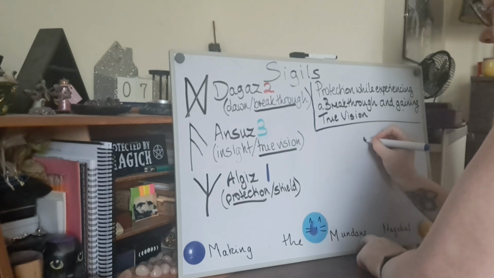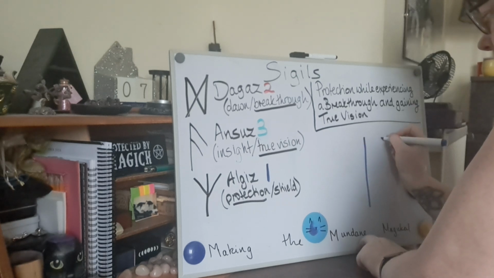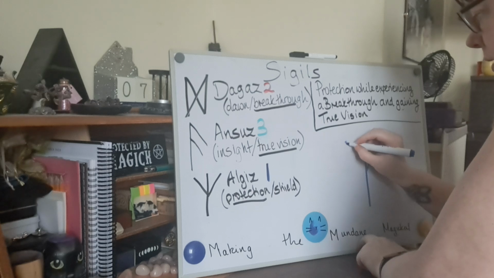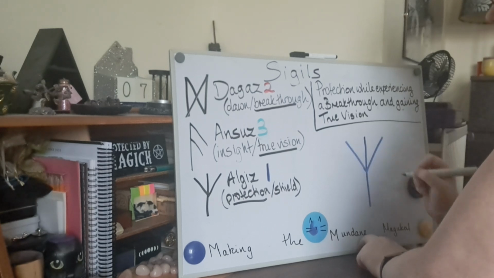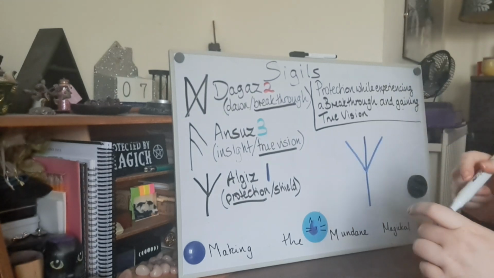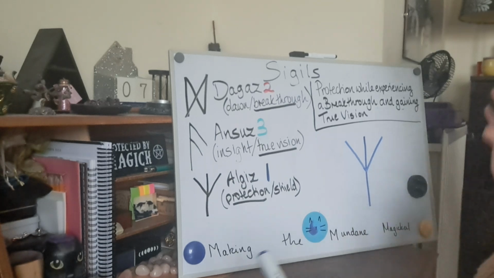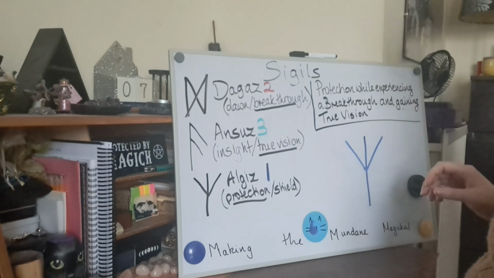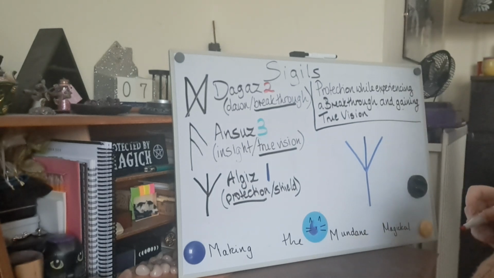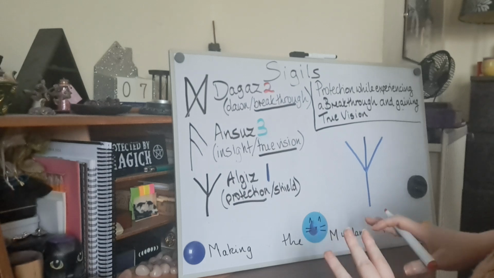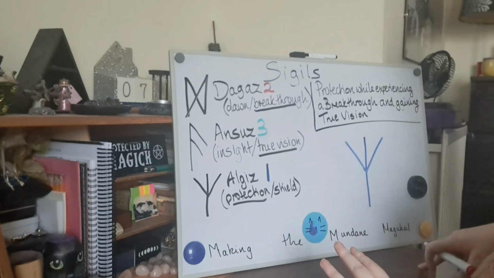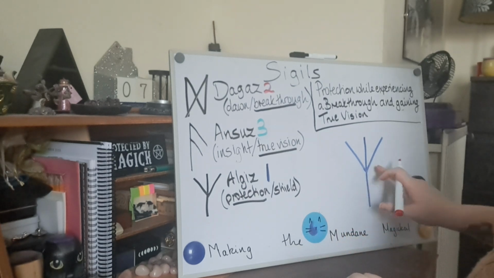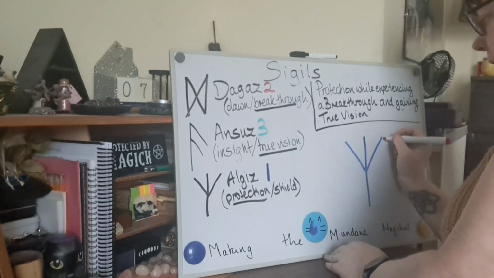So we have... I am rubbish at drawing straight lines, but that's not bad. So, Algiz, it's the first thing. So, protection. While experiencing a breakthrough. Dagaz. Now, Dagaz can be as big or as small as you want it. So, what I want to do is build it off these.